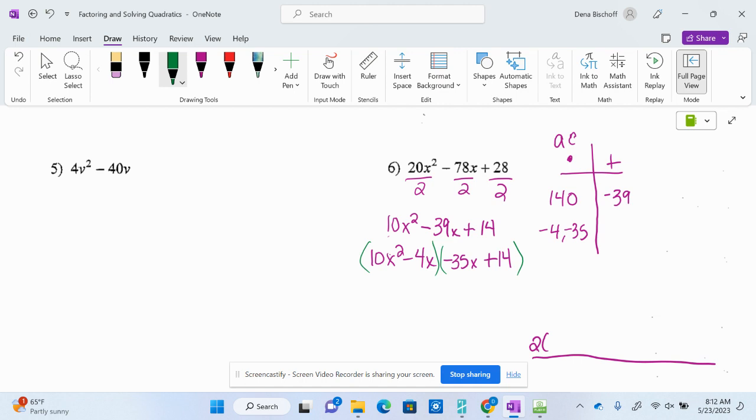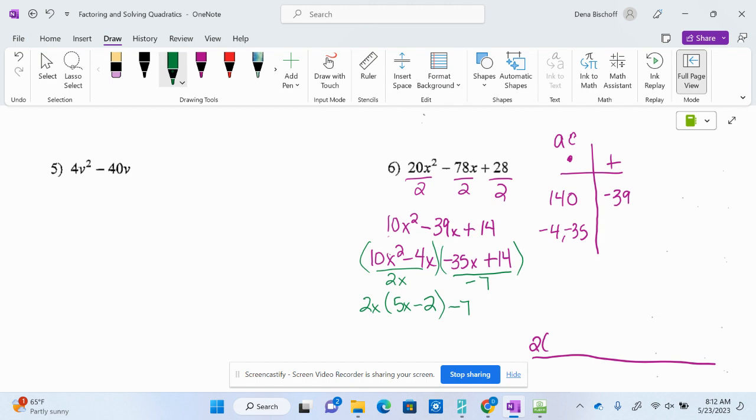So what can I take out of the first parenthesis? Yeah, I can take a 2x out of the first. When I take that 2x out, I'm left with 5x minus 2. What can I take out of the second parenthesis? Yeah, I'm going to take out a negative 7.